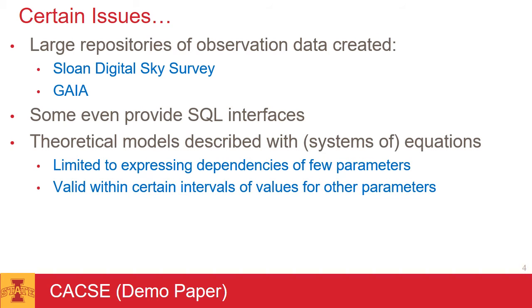Complementary to this, the issue is that theoretical models typically tend to use equations or systems of differential equations. However, they're limited to expressing dependencies of a few parameters. For the rest of the parameters, they put boundaries on the intervals of validity of those differential equations.